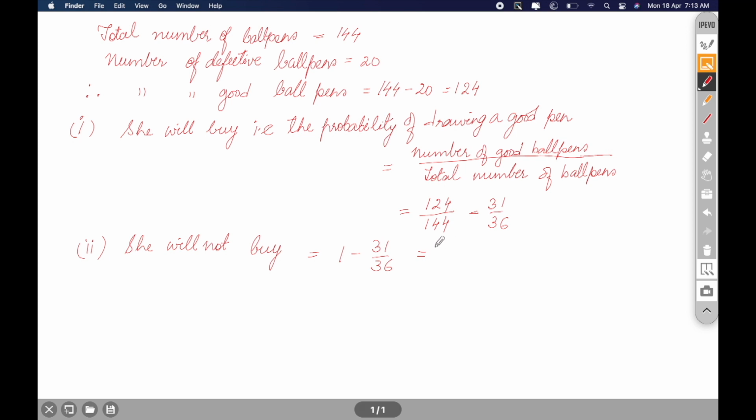So here it is 1 minus 31 by 36, giving us 5 by 36, or number of defective pens by total number of pens, that is 20 by 144. This will also give you 5 by 36. So your option for this particular question is B, as stated in the question paper. So this was the solution to question number 1, part 1.